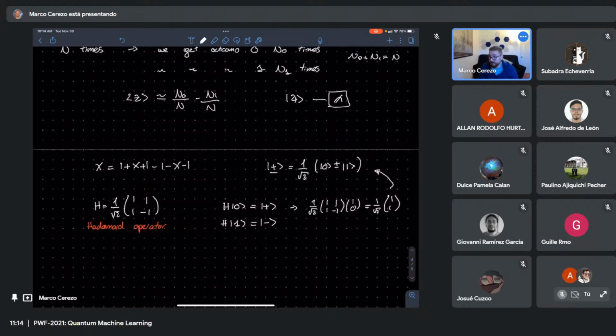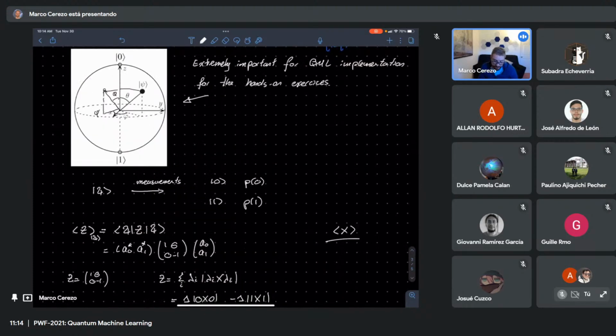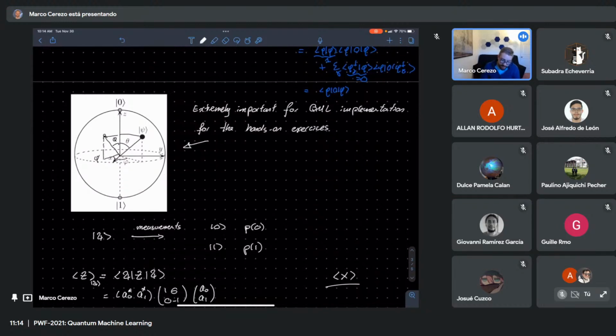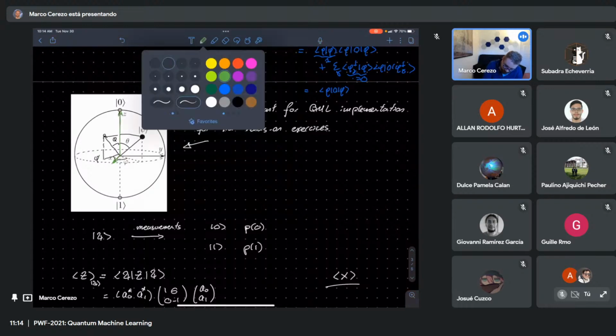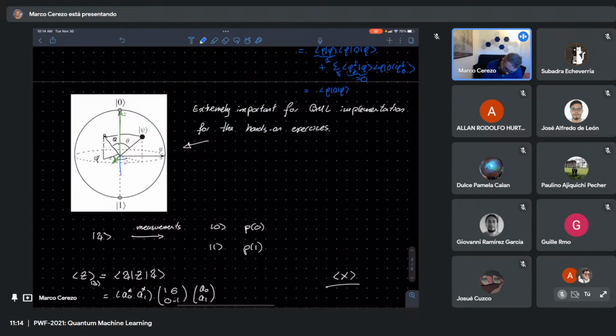Of course, there is not just one single matrix that changes the basis. We can think about it here. How do we take states? How do we take a base? What is the change of basis that is going to take me this 0 vector and map it here? And is going to take this vector, and then map it here?